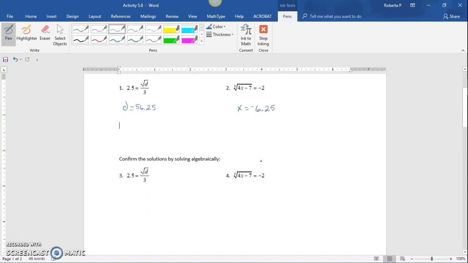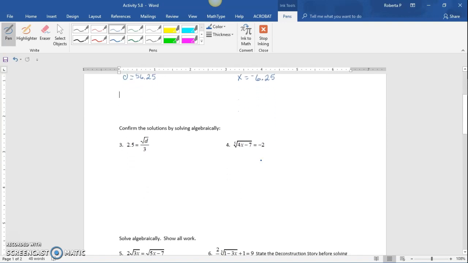So we want to focus on how we do this algebraically. Keep in mind that we're just going to use some inverse operations to do these. Right now we have the square root of d, and it's being divided by 3. To undo division, we're going to multiply by 3. When we multiply by 3, we get 7.5 equals the square root of d.